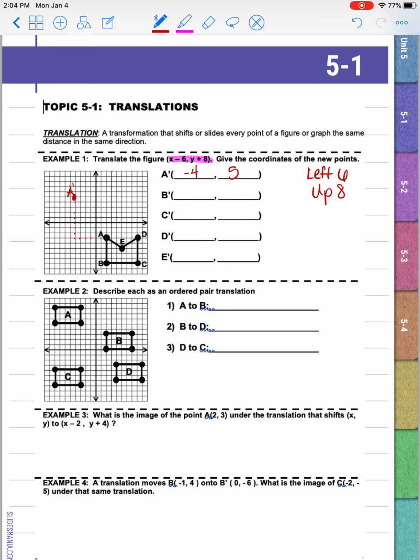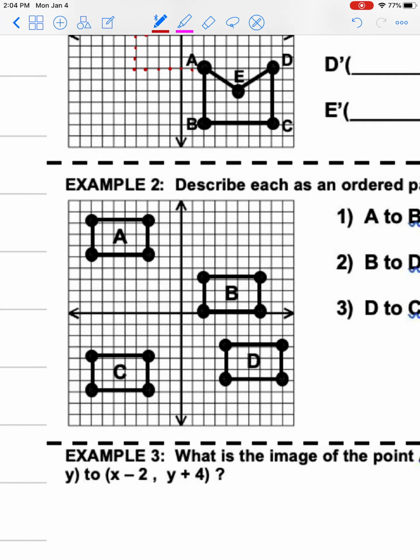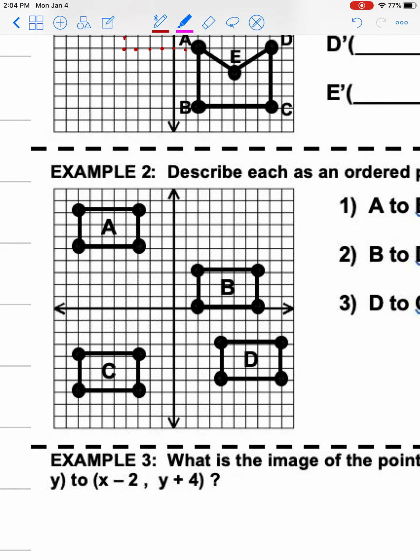The next section says describe each as an ordered pair translation. So our goal is to write something like X plus a number, Y minus a number. So we're counting from points A to B. Now here's the part that people forget: if I start at this point here that I just highlighted, and I'm going to rectangle B, then I have to go to the same exact point on the other rectangle. It doesn't matter which one you start with, as long as you count to the same exact corner, you are good to go.